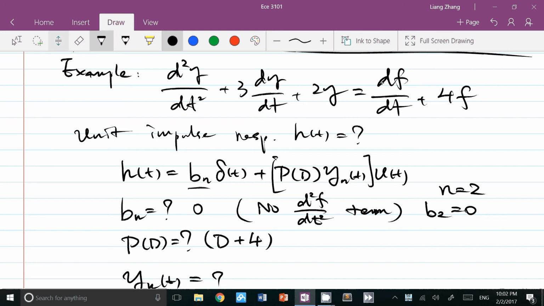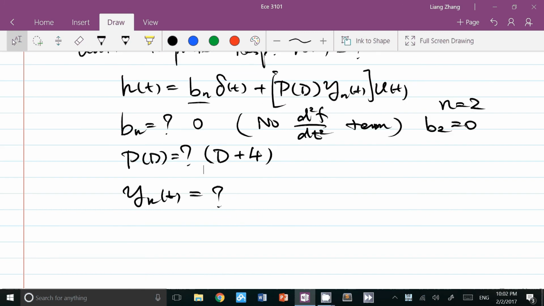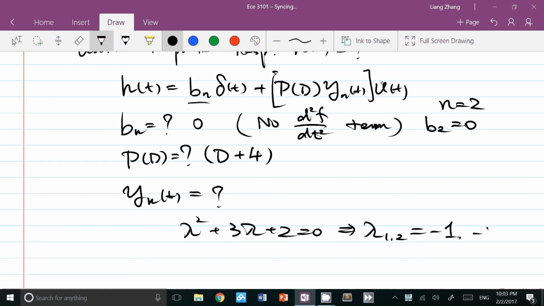And then for this Yn signal, we need to keep in mind that this is also a sum of exponential signals, where the exponentials come from the roots of the characteristic equation. The characteristic equation that we found earlier looks like this, which gives us the two roots, lambda 1, lambda 2, equal to -1 and -2.